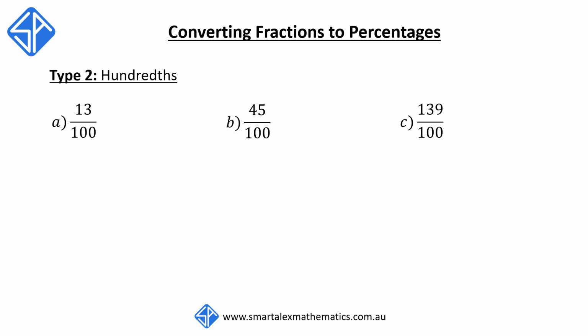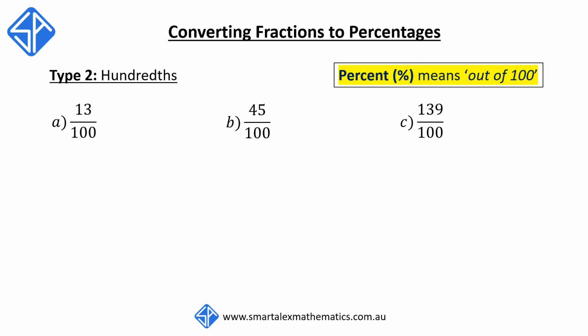The second type are hundredths. These are fractions whose denominator is 100. Remember, the word percent means out of 100. So when you see a fraction such as 13/100, which means 13 out of 100, we can easily translate this into 13%.